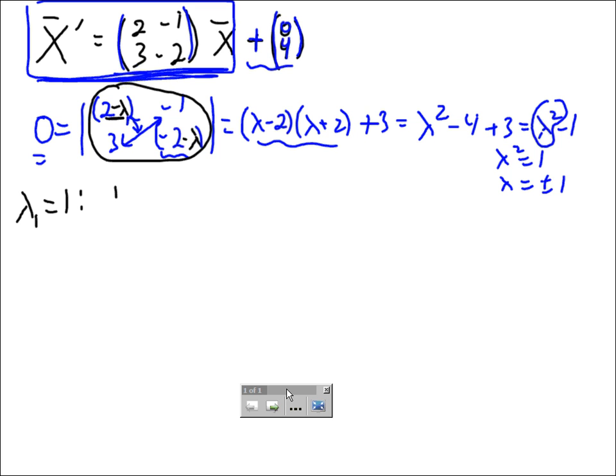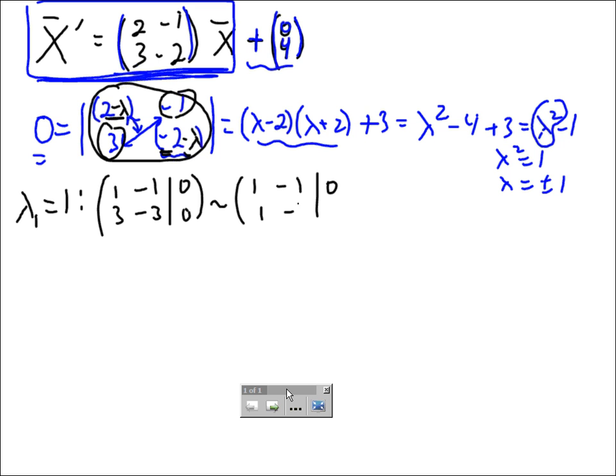So 2 minus 1, 1, 3. Negative 2 minus 1 is negative 3. Well, if you divide the second row by 3, to get the number smaller, you say, oh, it's the same as the first row.